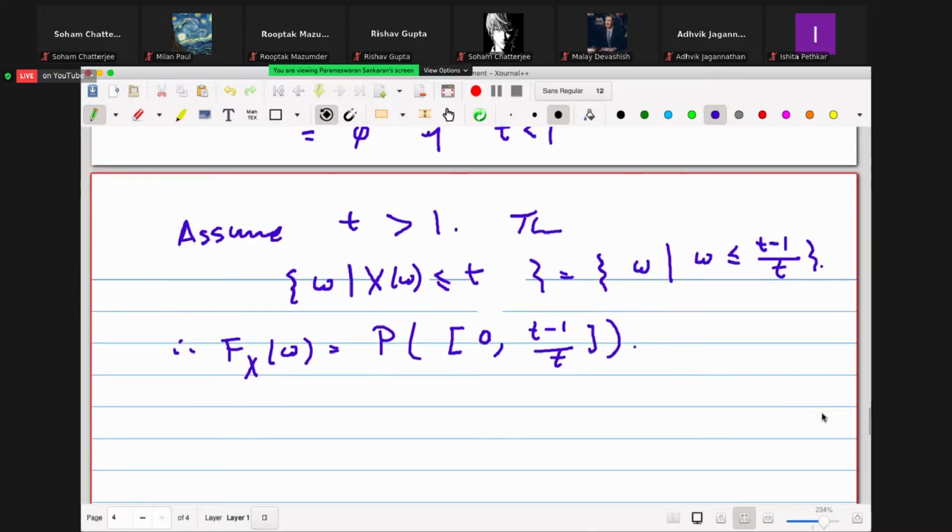Here you are assuming t bigger than 1. Sorry, here I should write t, it's not omega. So you must now ultimately write this. I'm not going to complete this. What happens if t is less than or equal to 1 and if it is bigger than or equal to 1? This you will complete at home, left as an exercise. Okay.